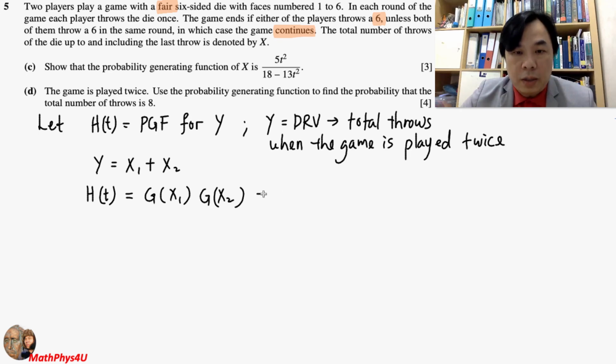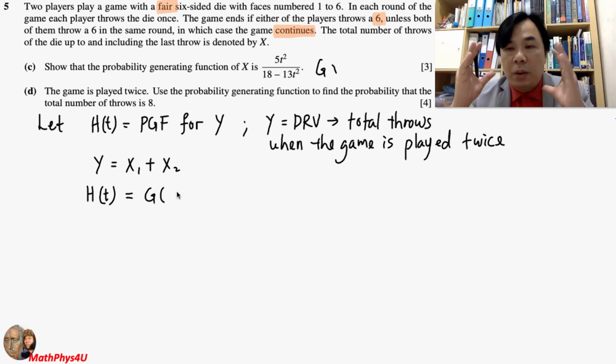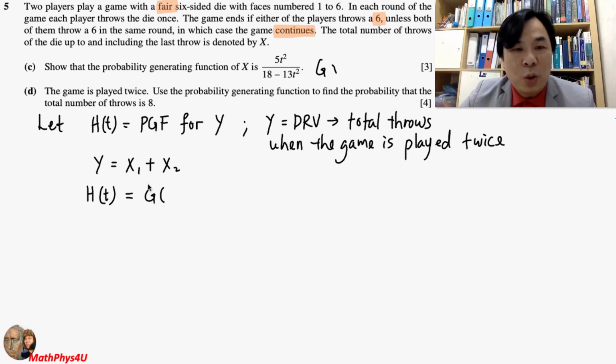And these two are exactly the same. So from here, this is g. Okay, I think I used the wrong symbol here. Just let me correct it so that you don't write this one down in the exam. Sometimes when I write x and y, I keep on having the thought that I need to use x in this case. So whereby this is supposed to be a probability generating function in terms of t.